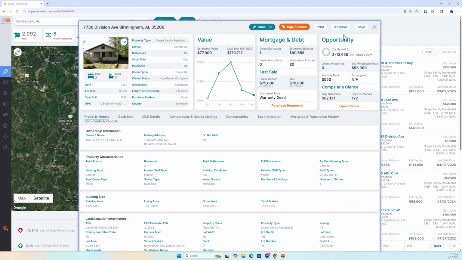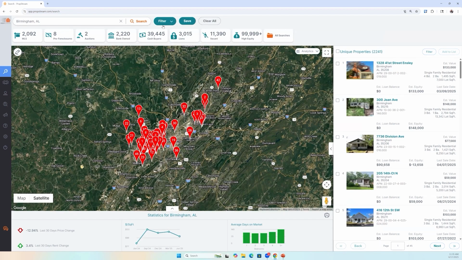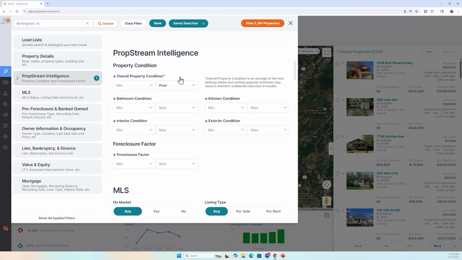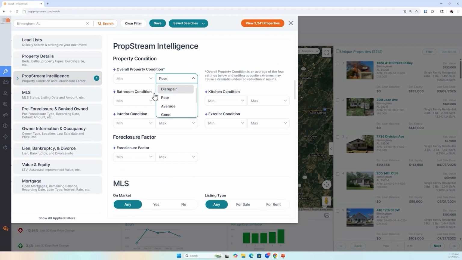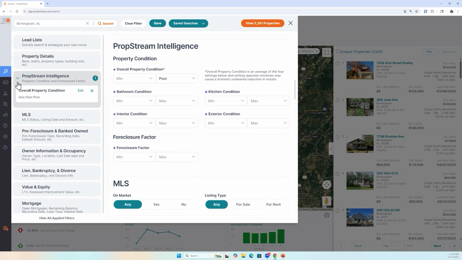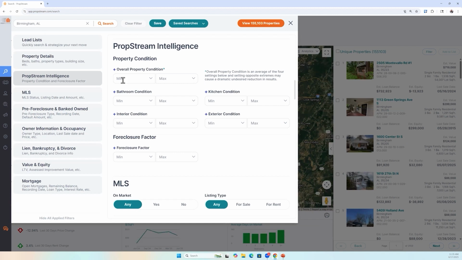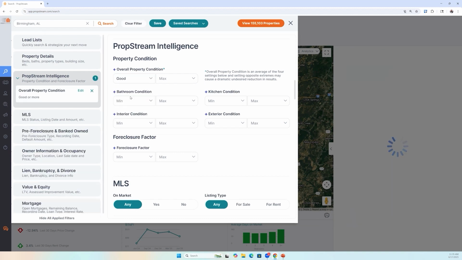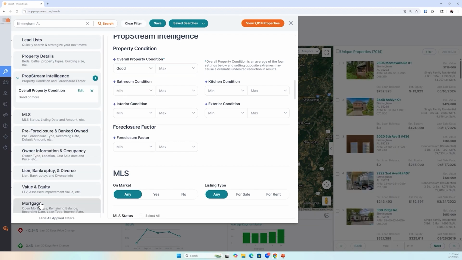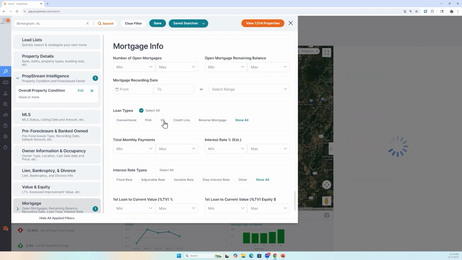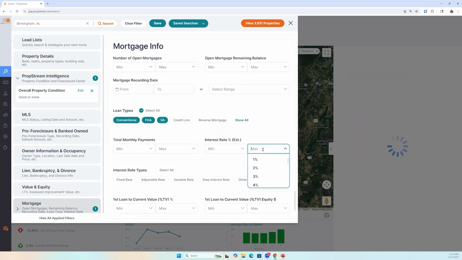But to your point earlier, you mentioned subject to. Here's another way I can use it, not just for disrepair. A common thing people have to worry about when doing subject to is the condition of the property as well, right? So if I don't want to renovate a property but I still want to do subject to, how about we do it the opposite way? Show me everything in good condition or better that has an assumable loan and is at 4% or under.